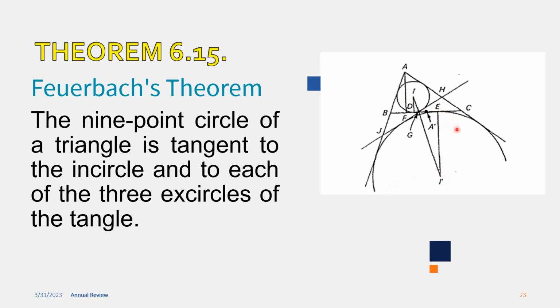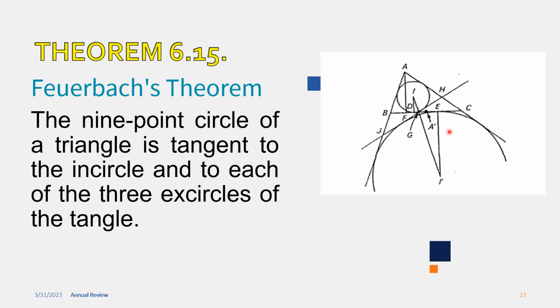This can be shown as the result of the fact that BD is congruent to CE, since both have measure equal to half the perimeter of the triangle minus the length of AC.